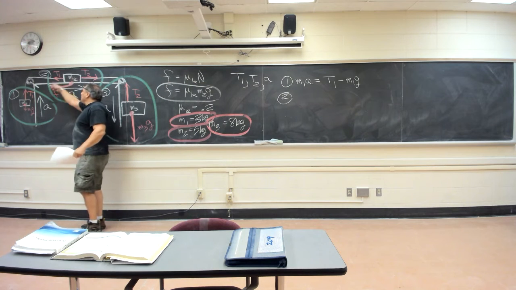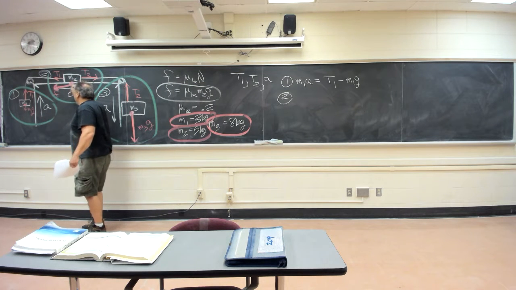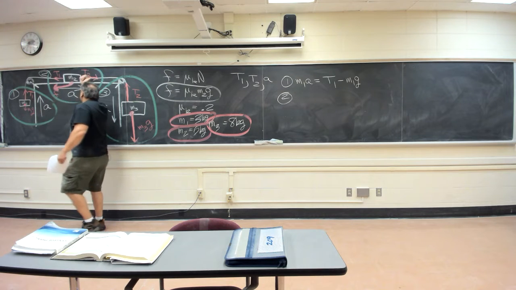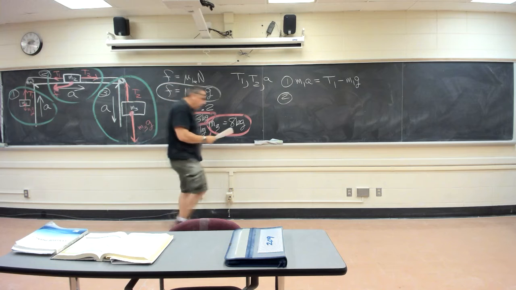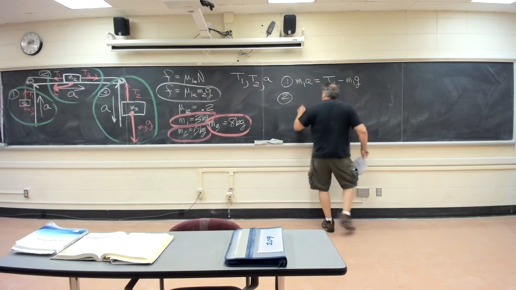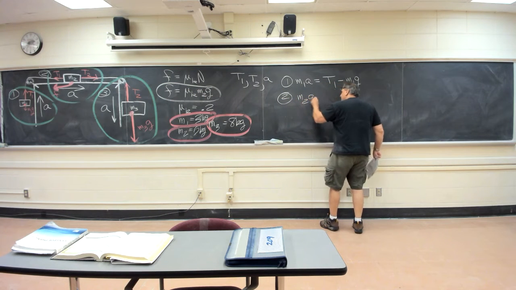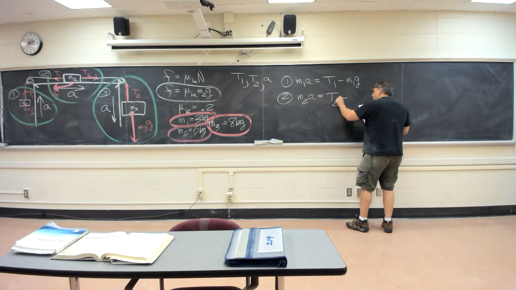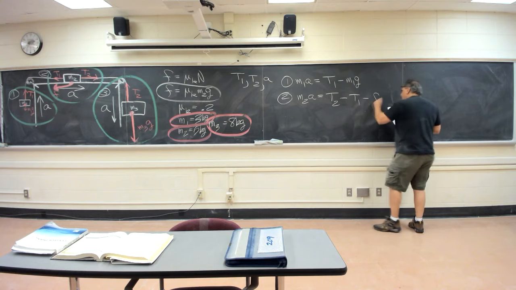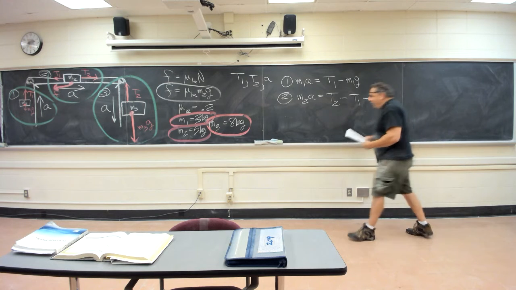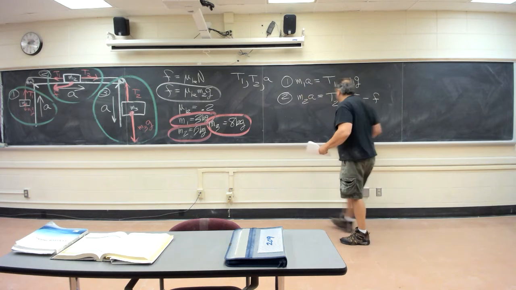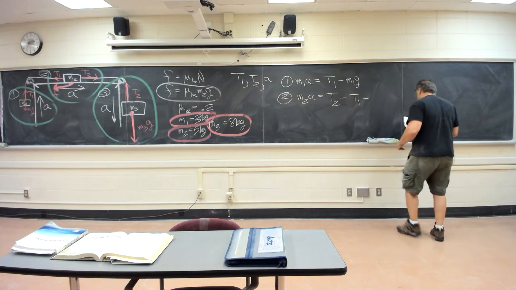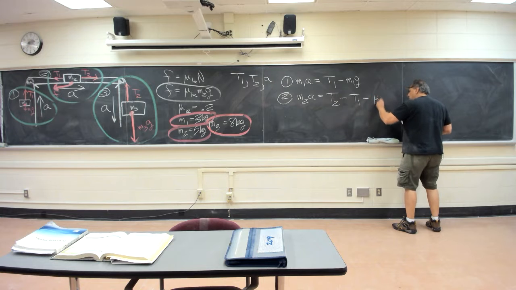These two do a tug of war. This one wins it. Not only that, it also defeats friction. So friction and T1 are together. T2 goes that way, and T2 beats both of them. By how much? It's going to be M3A right here, and it's T2 minus T1 minus F. The F is mu sub k times the normal force, that's mu sub k times M2G.